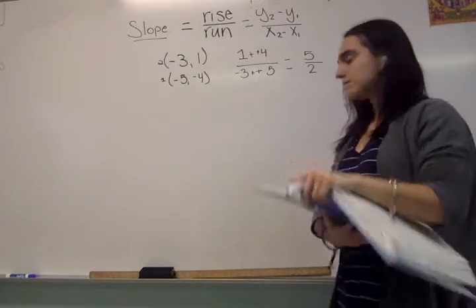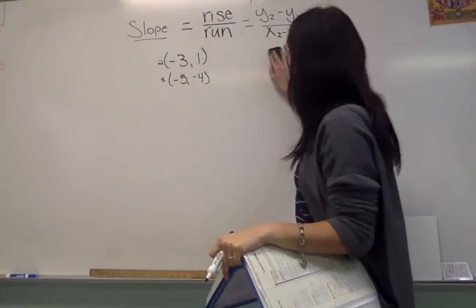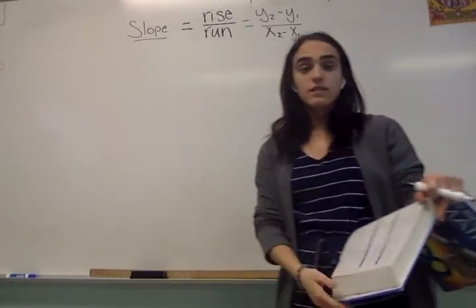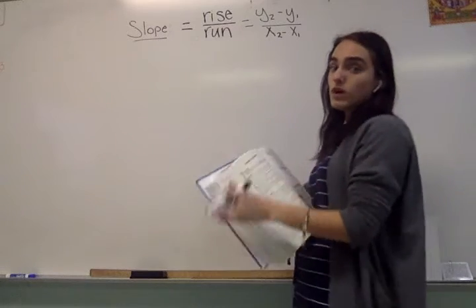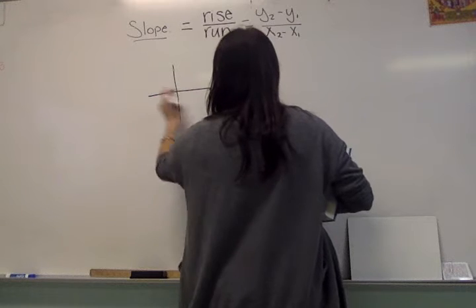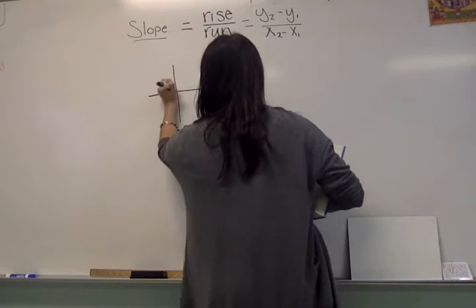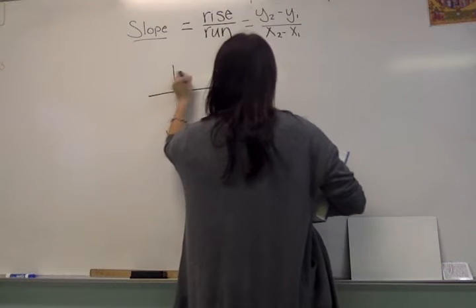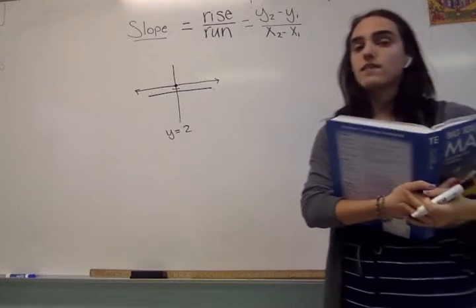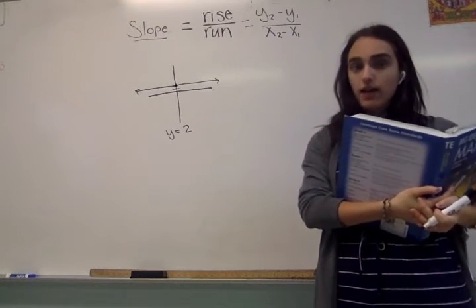Now, we learned about two other lines in section 4.1. We learned about horizontal lines and we learned about vertical lines. Remember, horizontal lines, if we have something like y equals 2, remember y equals 2 is a horizontal line that will never cross the x-axis.